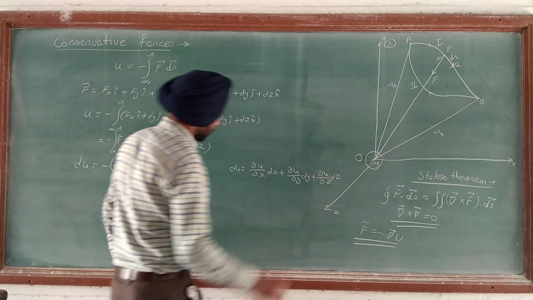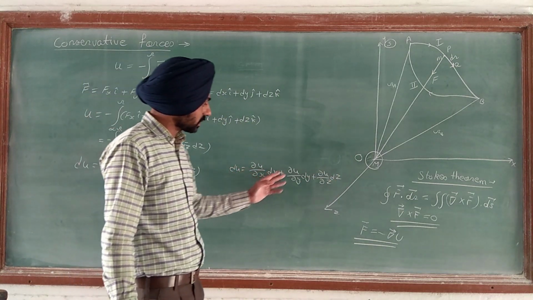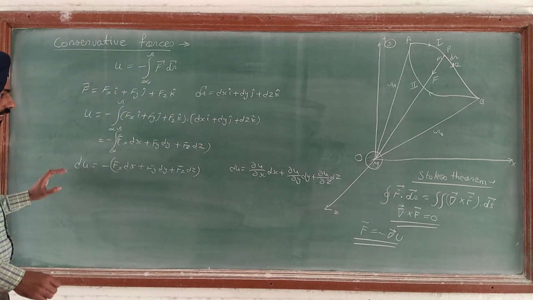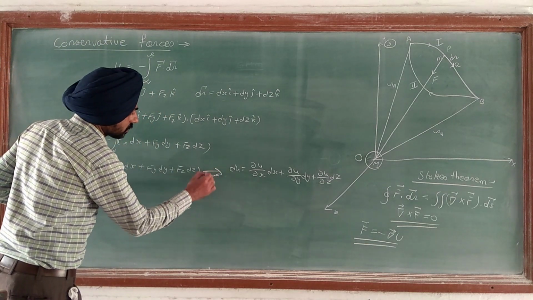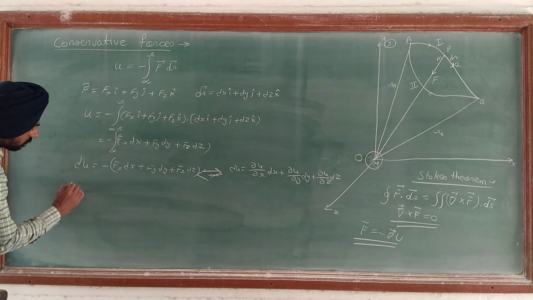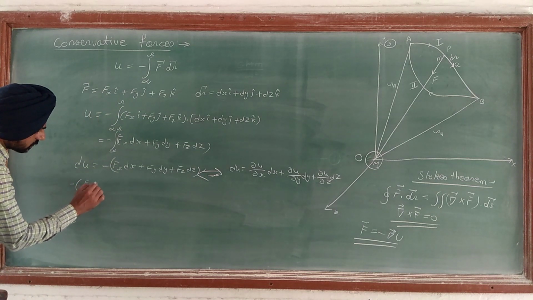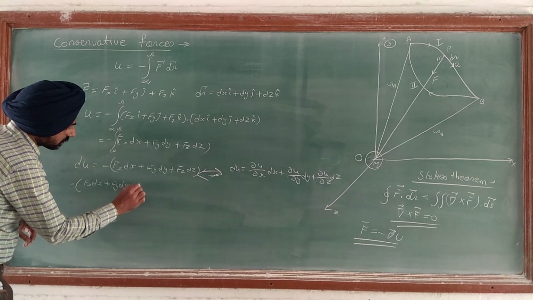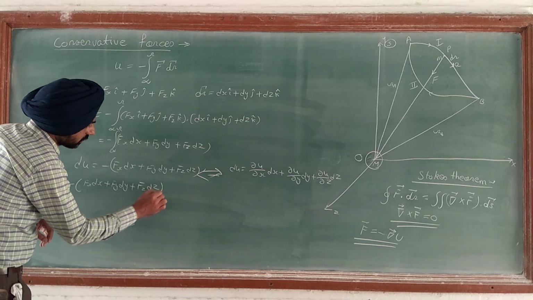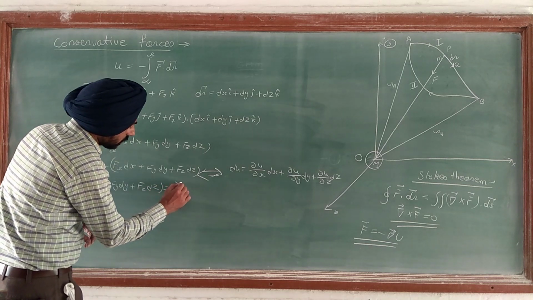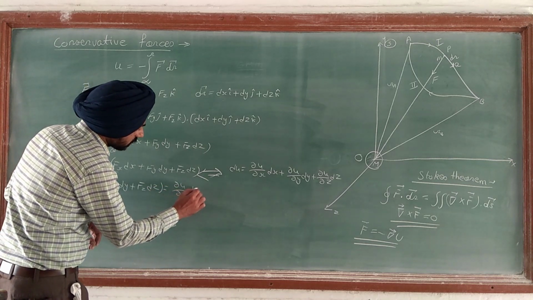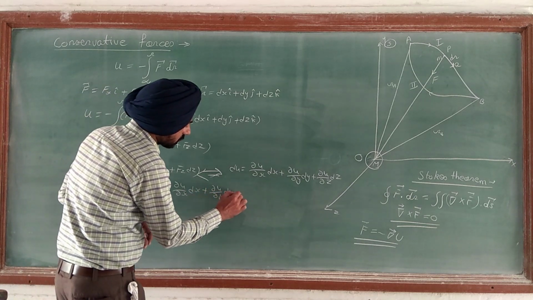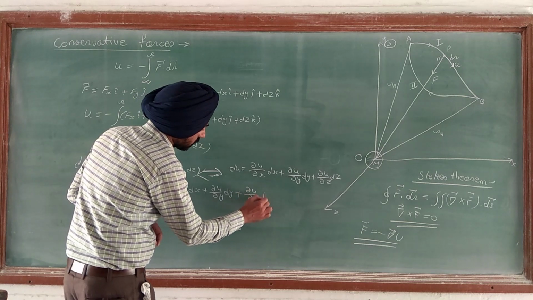So we can write dU equal to partial U upon partial x dx plus partial U upon partial y dy plus partial U upon partial z dz. So finally, from these two equations, we will get minus (Fx dx plus Fy dy plus Fz dz) is equal to partial U upon partial x dx plus partial U upon partial y dy plus partial U upon partial z dz.